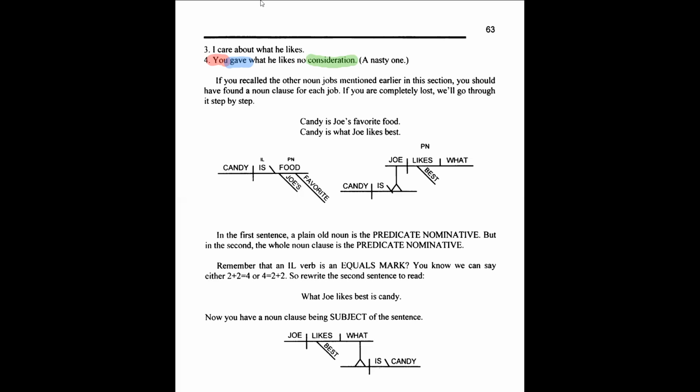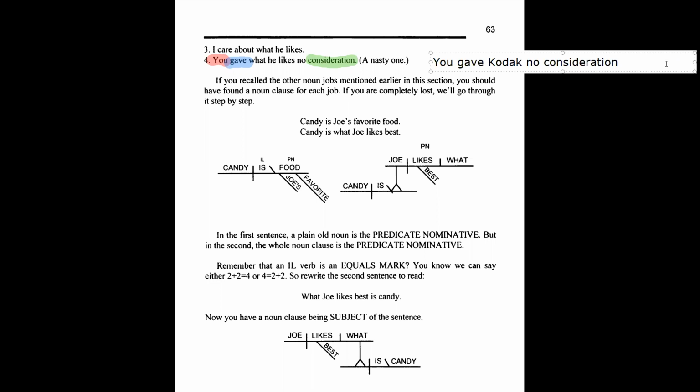Let me give you another sentence that will help you. You gave Kodak no consideration. He was a bad rapper. You gave Kodak no consideration. What is Kodak there? Think about it.